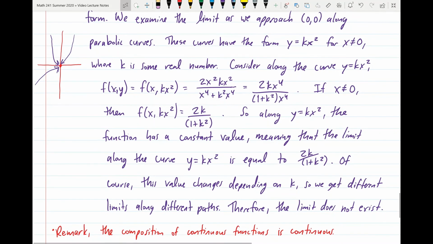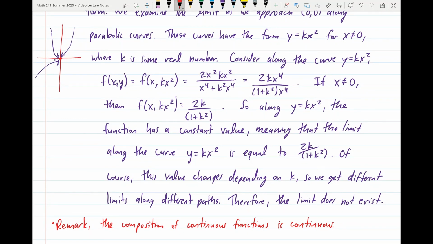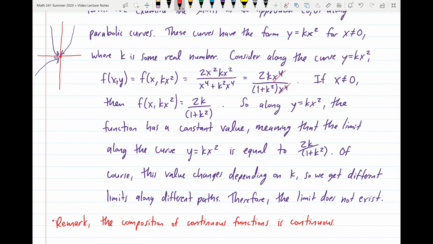And again, we've assumed that x is not equal to 0 because we're approaching the origin. So we're going towards 0, 0. And so we can cancel this x to the fourth on the top and the x to the fourth on the bottom that shows up in our function here. Let me just draw that. So we can cancel these two x to the fourths.